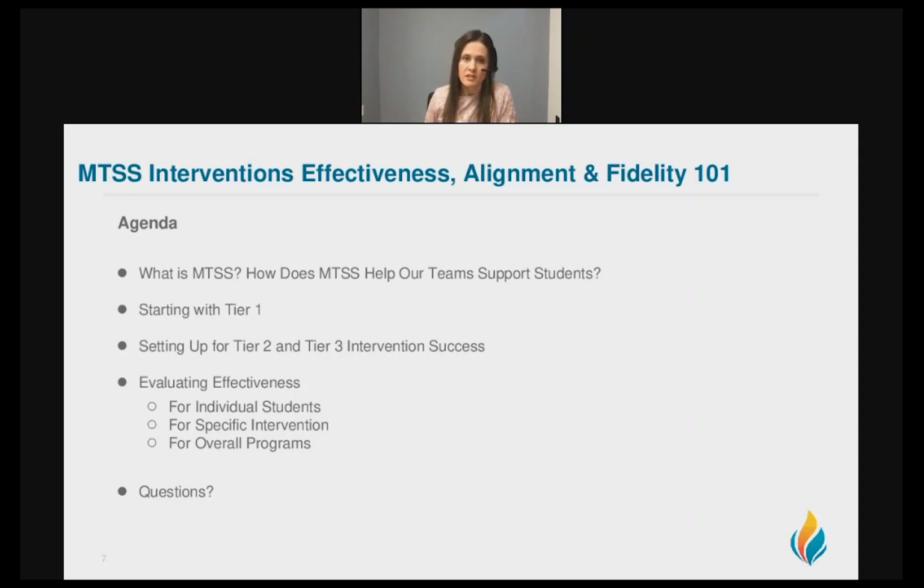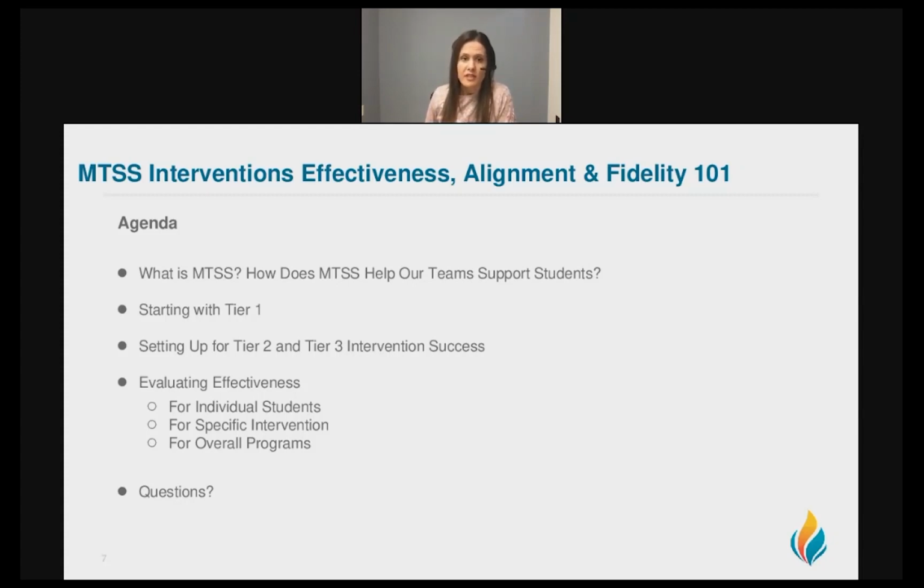So we'll discuss a little bit about that at the very beginning here. From there, we'll move into the Tier 2 and Tier 3 types of interventions and supports. So as students' needs become more intense, our interventions and supports should then align to the level of need that students have. So we often do that intensification at the Tier 2 and Tier 3 levels.